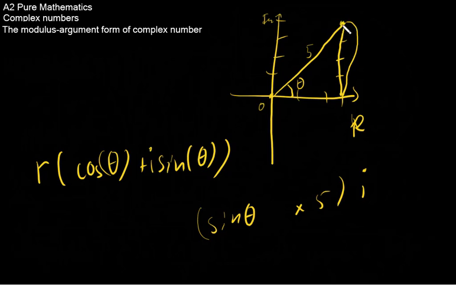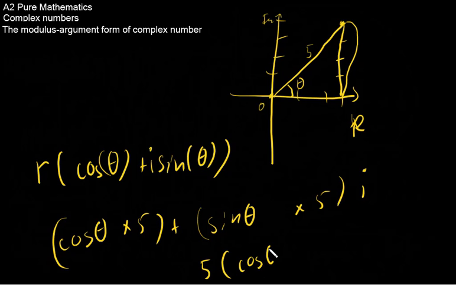We know this length and this angle, so this over this is cos theta, which gives 5 cos theta. This is the real part, so we don't put i in it. Both have the same 5, so we put the 5 out: cos theta plus i sin theta.